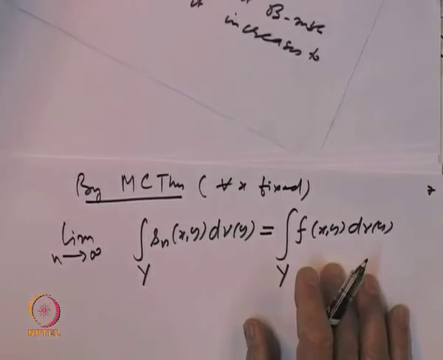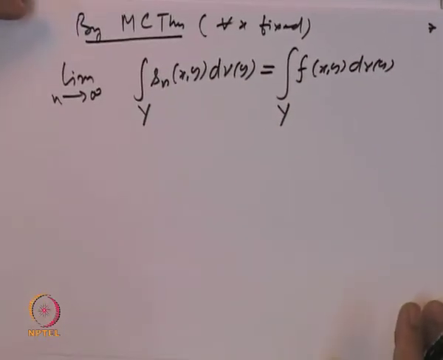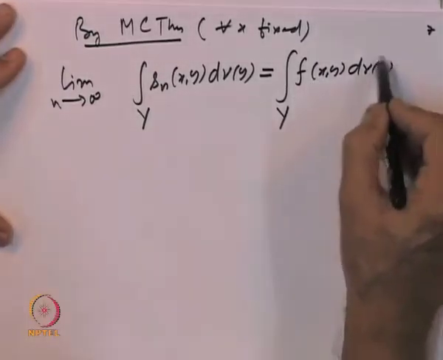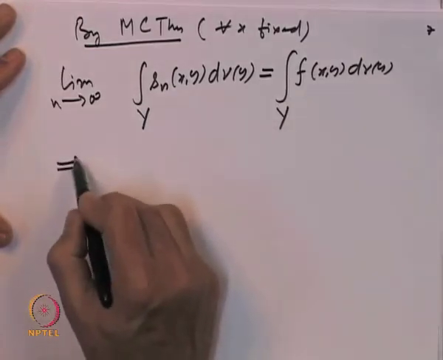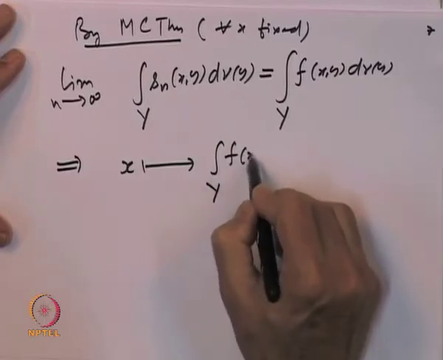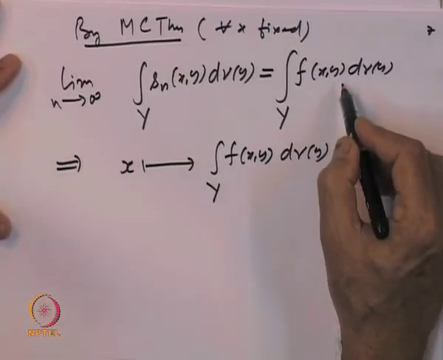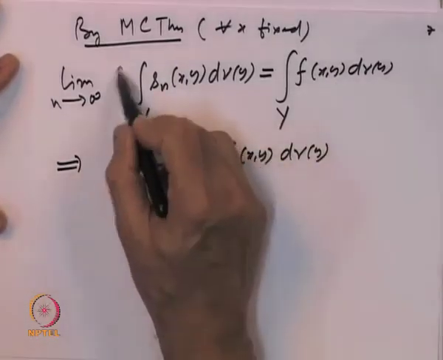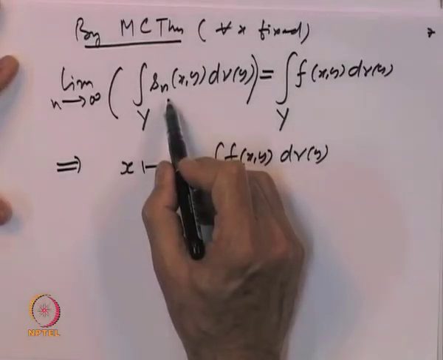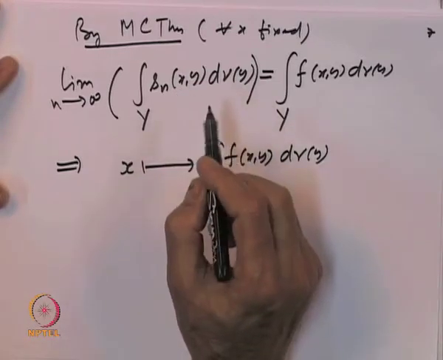So, this is a function of x. So, if I look at x going to the integral of f of x, y d nu y, if we treat this as a function of x, then it is a limit of integrals of non-negative simple functions.